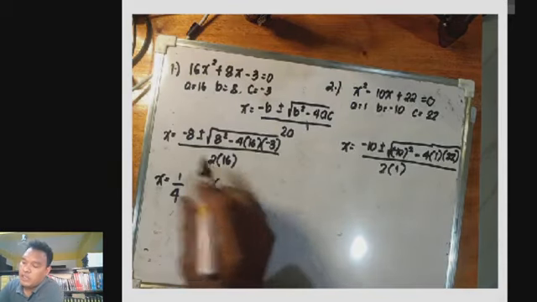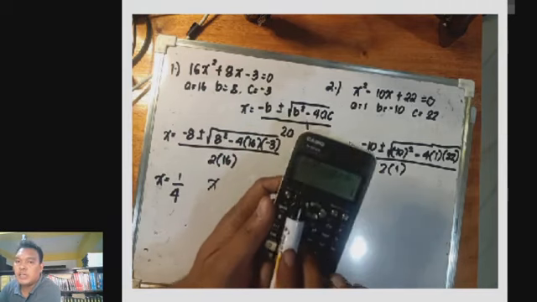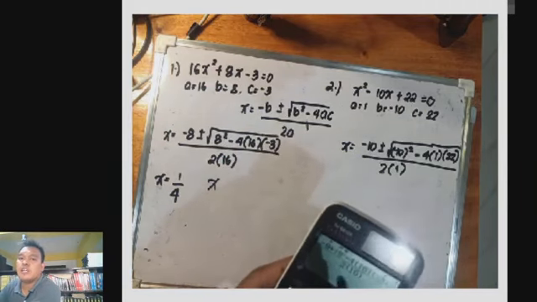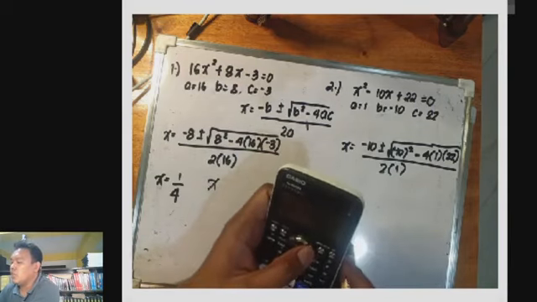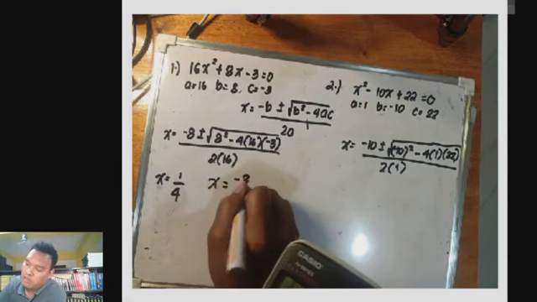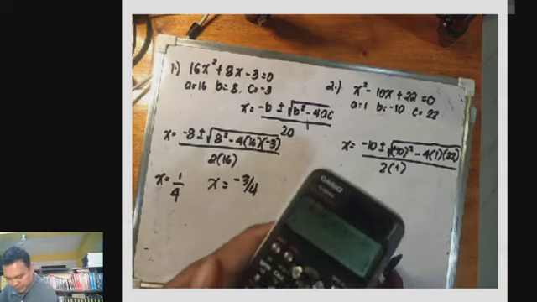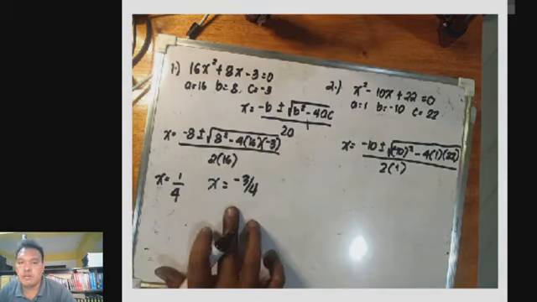Then for the other one, the negative here, and the positive here becomes negative. So we have x is negative 3/4. Okay? So the values are x is equivalent to 1/4 and x is equivalent to negative 3/4.